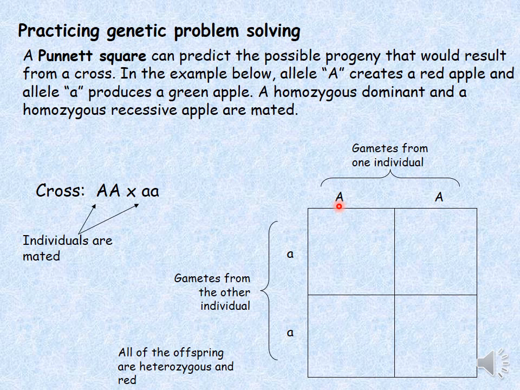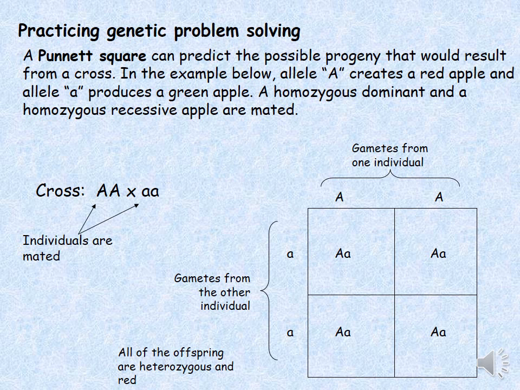For this cell, you'll bring down the big A, you'll bring over the small a. For this cell, you'll bring down the big A, you'll bring over the small a. So we did the first one, the second one, the third one, and the fourth one. And usually, always I should say, we write it with the big A first. It's just the way it's done.